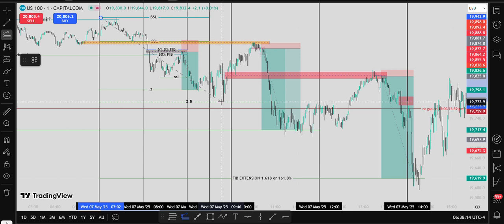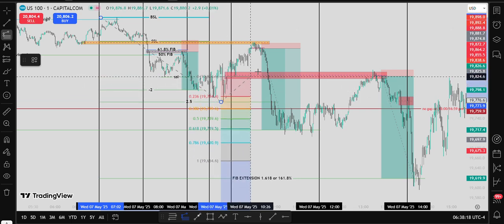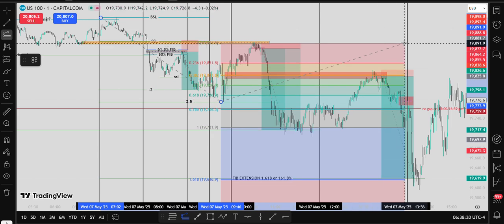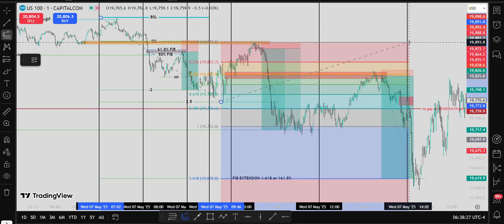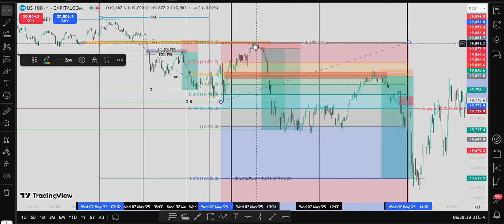The highest retracement we had was after market open, so the low at market open, and actually we're going to take it to that place where we had our order block right here.